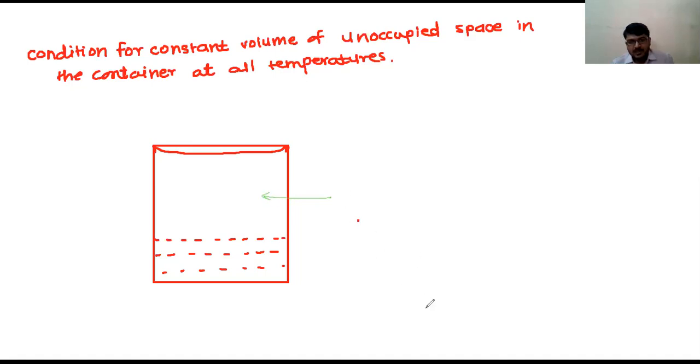This one you can see, this is unoccupied volume, and this one is liquid filled. Here is unoccupied volume and this is liquid.